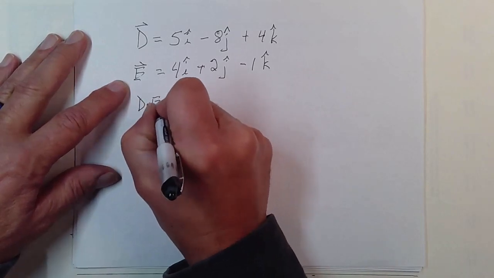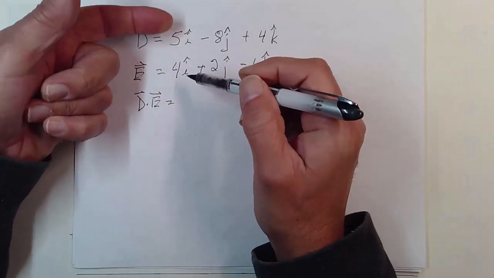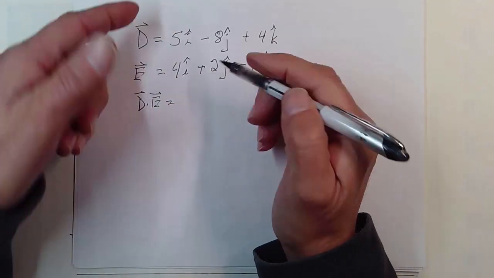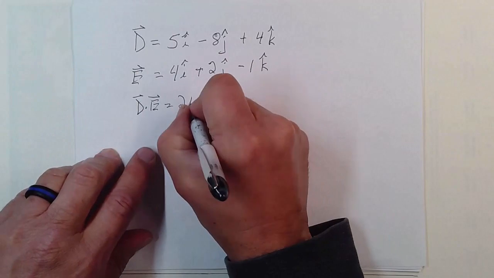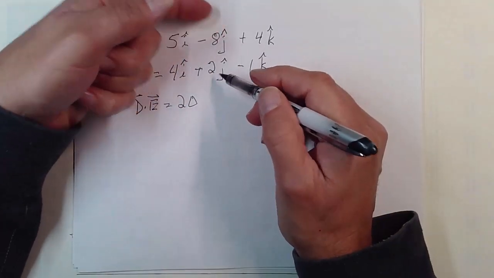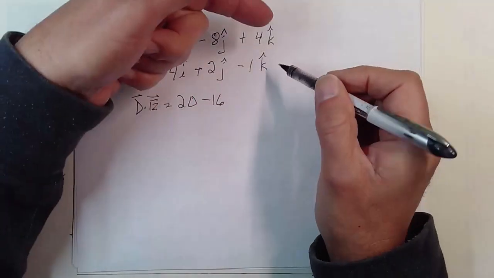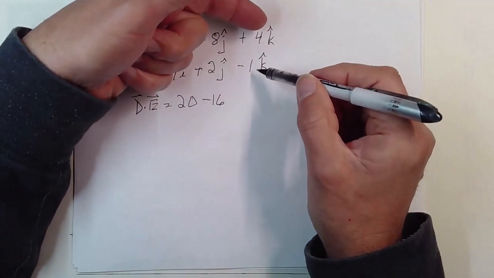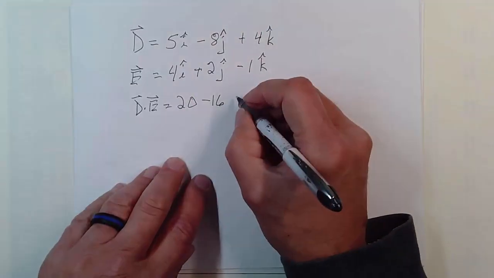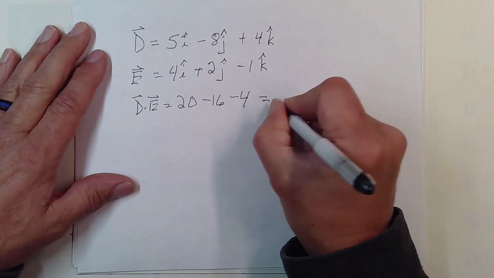D dotted with E. I just take the X components, multiply them together, and I get 20. The Y components multiplied together, I get negative 8 times 2 is negative 16. The K hat components, or the Z components, 4 times negative 1 is minus 4. And so when I do that, I get 0.